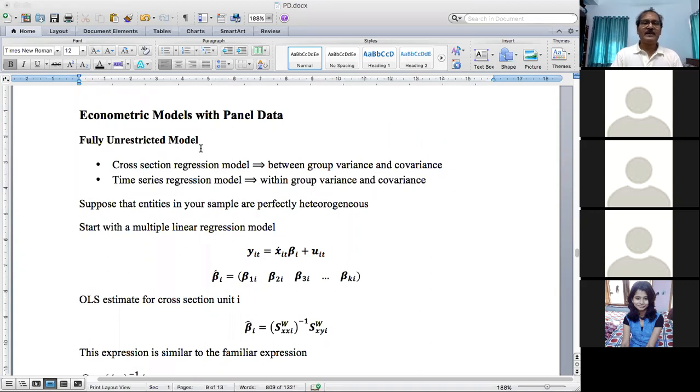Fully unrestricted model means, as I have mentioned, in a panel data there are two dimensions, variation across the rows or variation across the column. Okay, so first of all, suppose we are interested in the variation across the column, that is the variation across the cross-section unit. So in your sample, total number of cross-section unit is equal to capital N. Okay, so you have capital N number of columns.